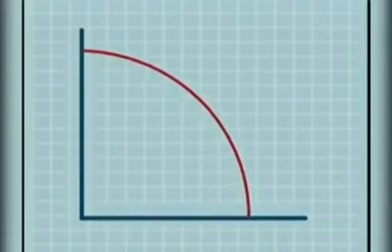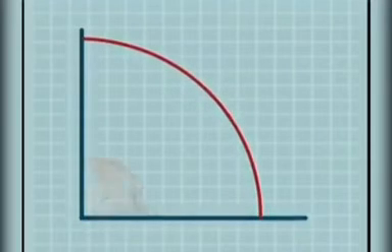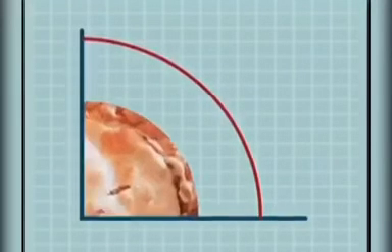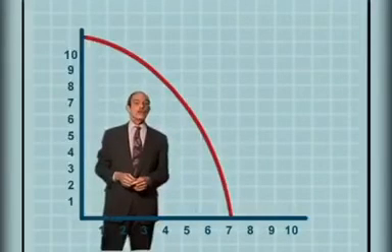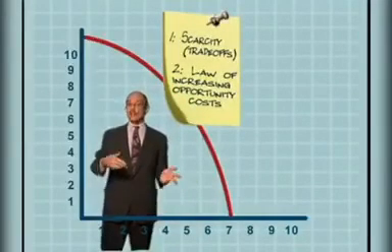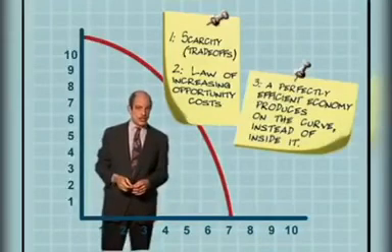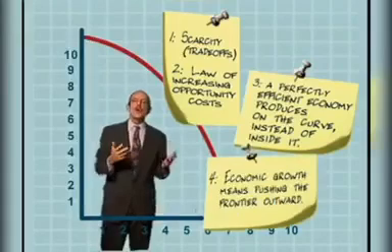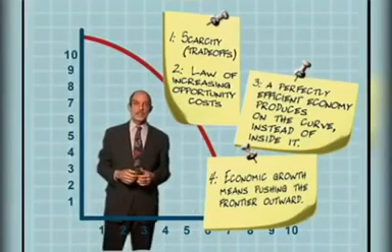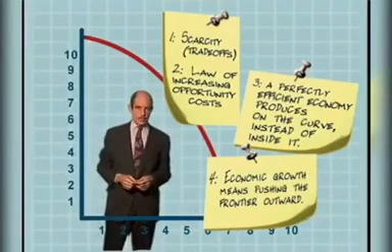Or as economists like to put it, we've been making the pie of everything we could possibly have bigger and bigger and bigger. So the production possibilities curve, or frontier, not only illustrates scarcity, increasing opportunity costs, and efficiency, producing on the curve instead of inside it, but the whole point of economics, to make us all materially better off.